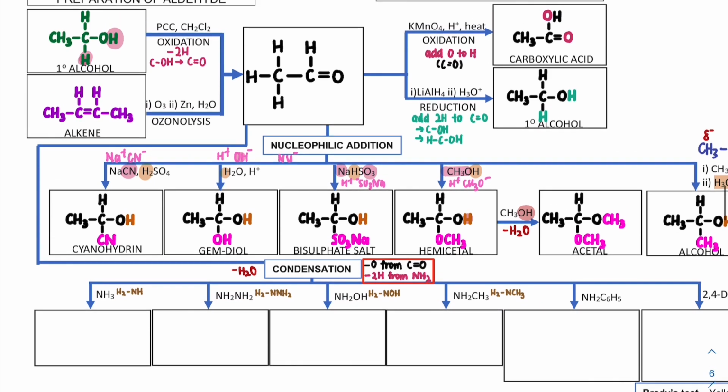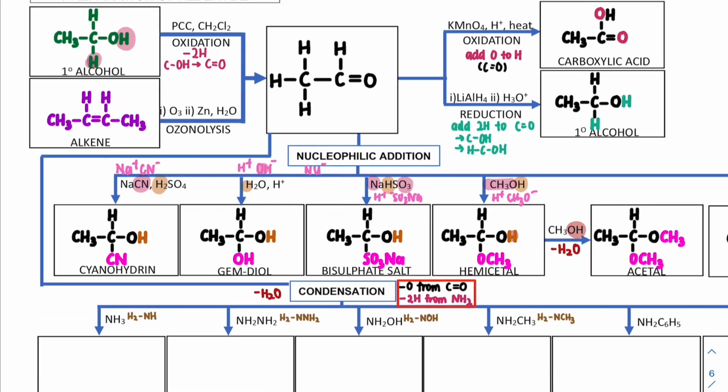Let's look again, zoom in, at how we're going to draw it. Again, we're going to remove oxygen from here and hydrogen from here, from the H2. So what is left is what we will write down. Since we have removed the H2, what is left is actually NH.